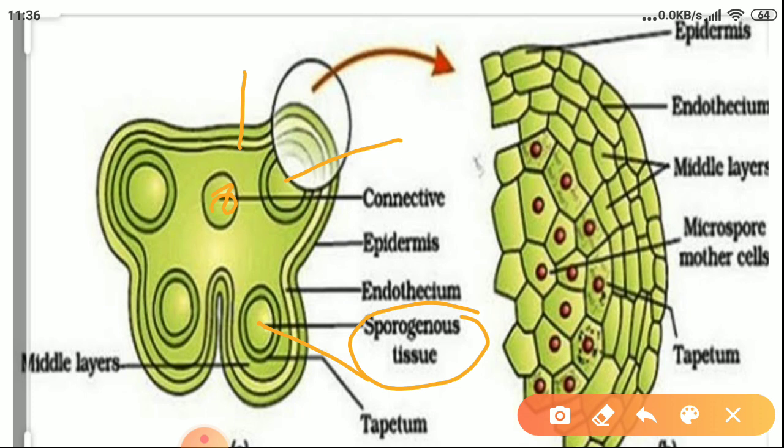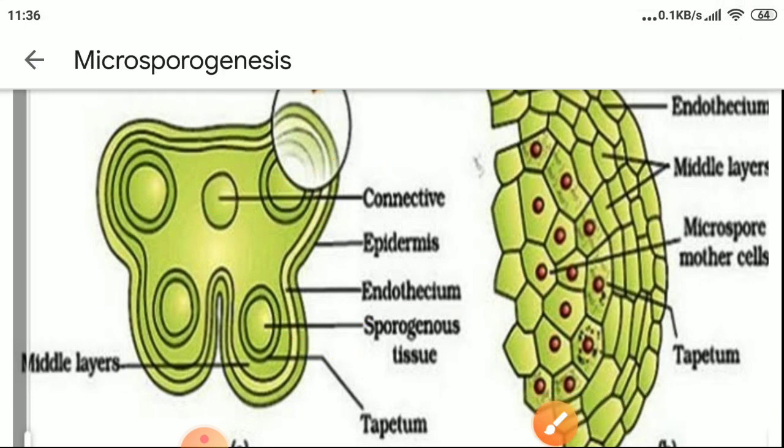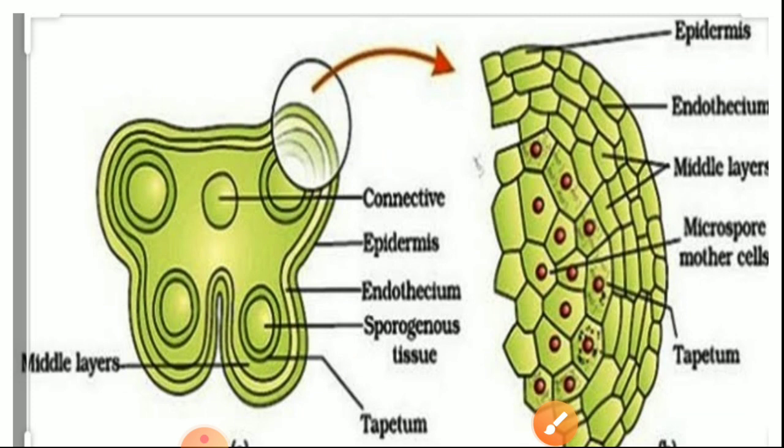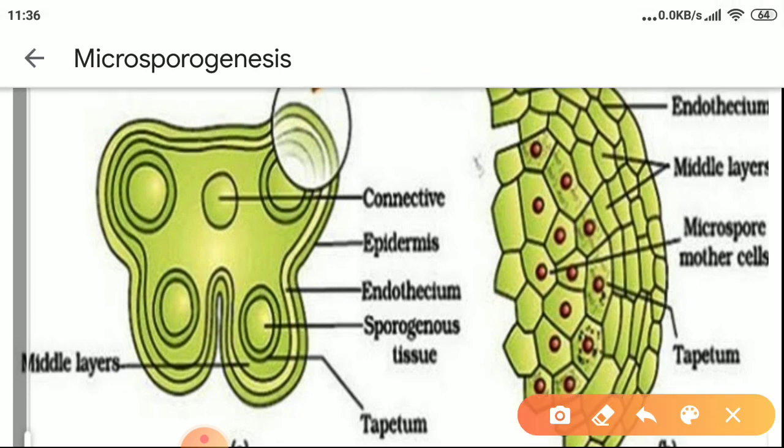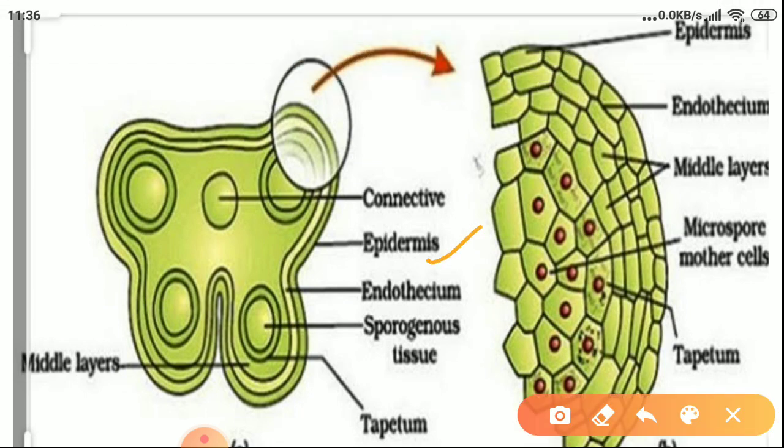If we look at this microsporangium, you will find that each microsporangium has four wall layers. Outermost is the epidermis, which functions in protection. Inner to it is the endothecium, which again helps in protection, and inner to it, two to three layers are present, which are called middle layers.